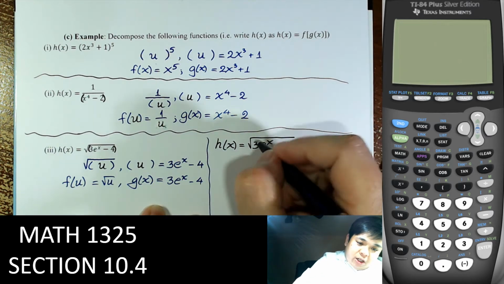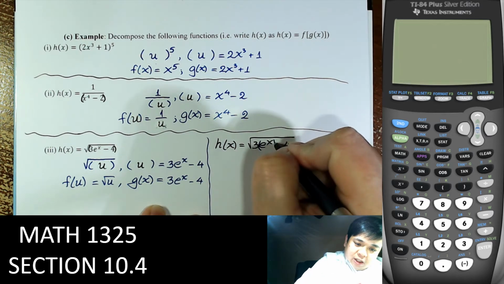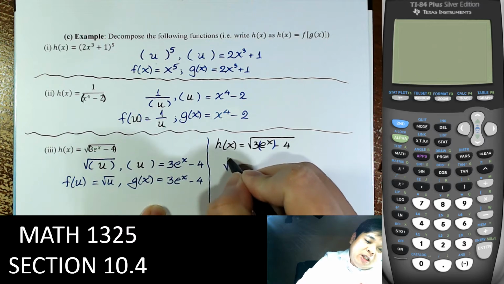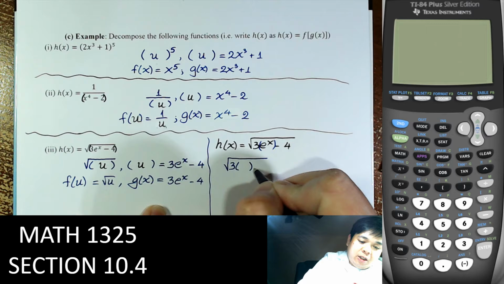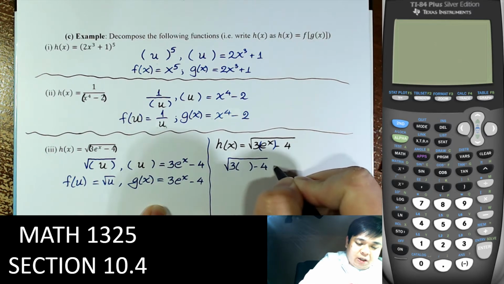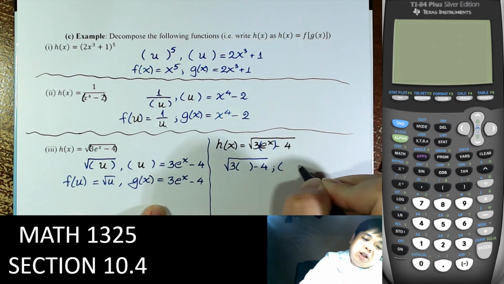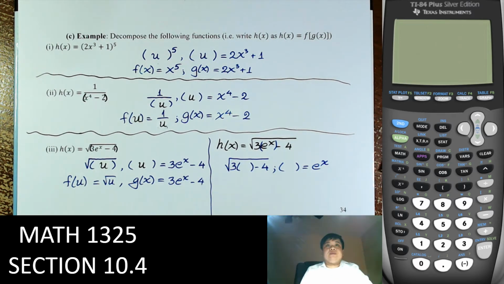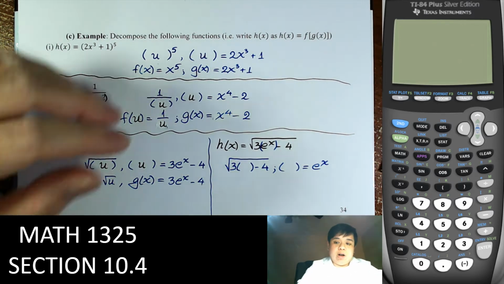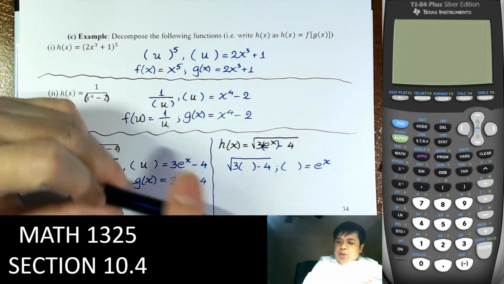So I put the parentheses around e to the x. So I have the parentheses 3 times the parentheses minus 4, and then the parentheses is e to the x. Yeah, we can choose that too, right? And then, like I said, the variable doesn't really matter.